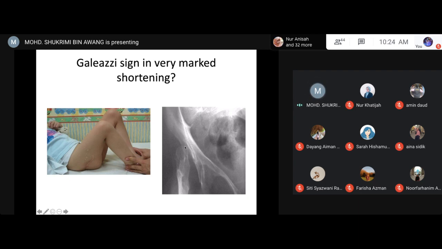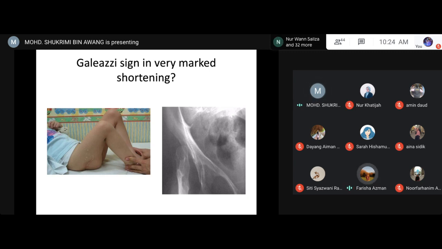So what do you think is the most likely underlying problem in this patient? Why does this patient have this scar and this problem? What is probably the etiology? The patient presented to you with very much shortening. Anybody guess?